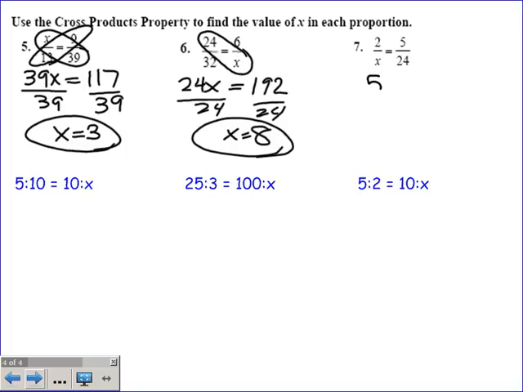5x. 5 times x, it's multiplying the means, equals 48, which is 2 times 24, which is the extremes. Got it? And then you divide 5 by 24, which gives you 9. Whoa. What you said is divide 5 by 24. Is that what we're doing? 24 by 5.